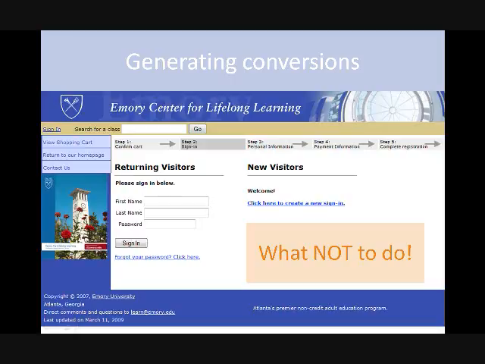This is Emory University's registration system, and we're actually planning to redesign this in the fall to get around this, but this is the way that the current registration system forces people to enroll, is you have to create a sign-in before you can actually progress and enroll in a course. You have to create an account, get an email with a password and all of that, and we know from research from other industries that forcing people to do this will lower your conversion rate by 30%.